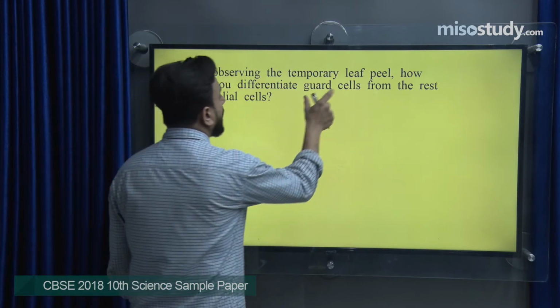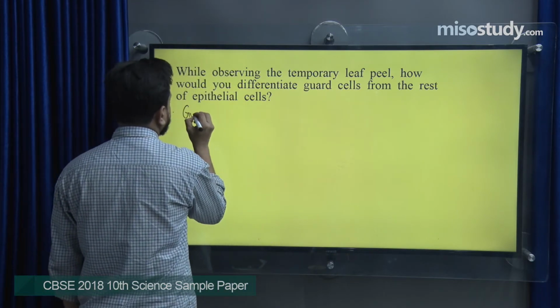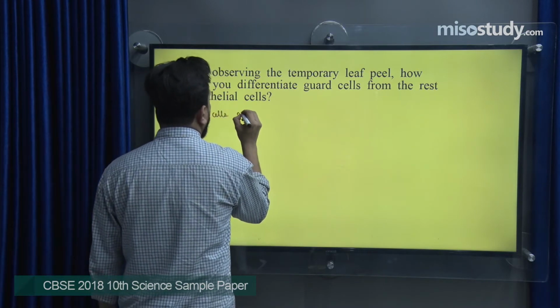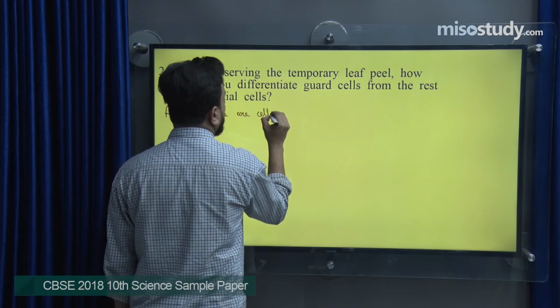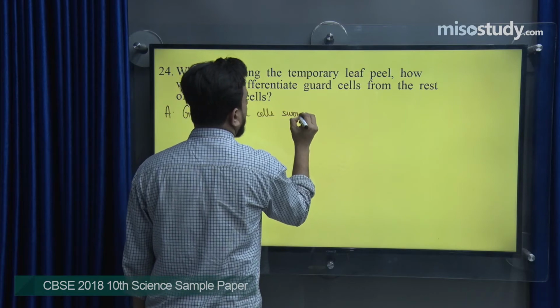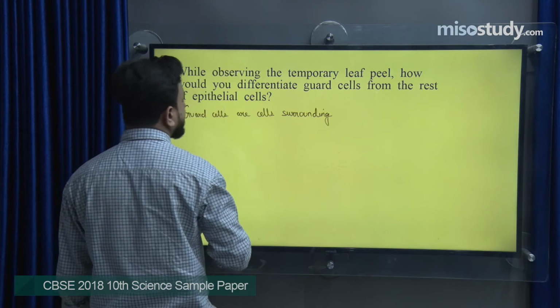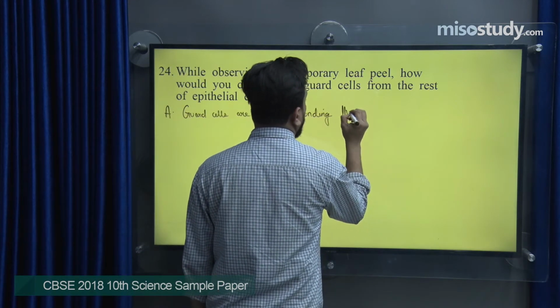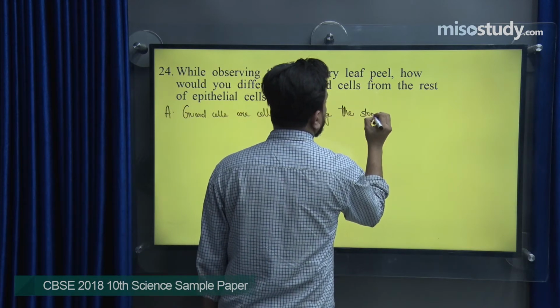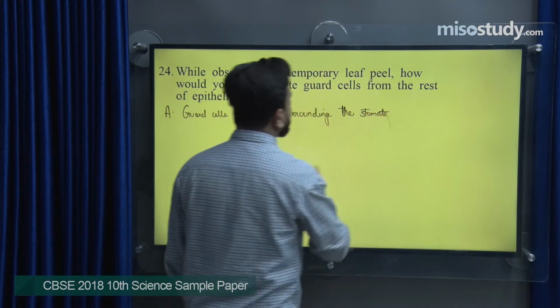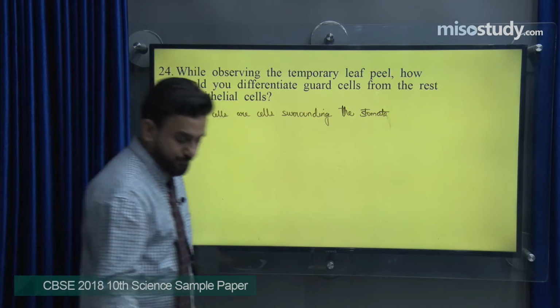Okay, so the guard cells are cells surrounding the stomata. Okay, these are the cells surrounding the stomata.